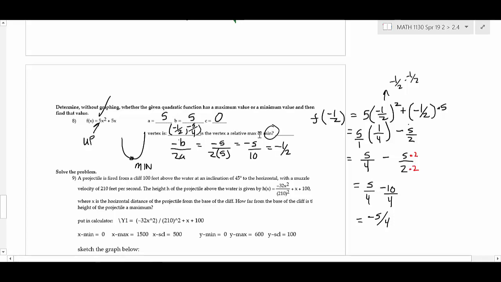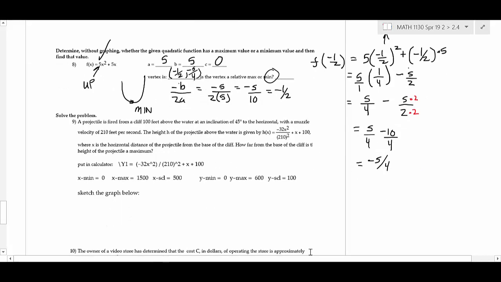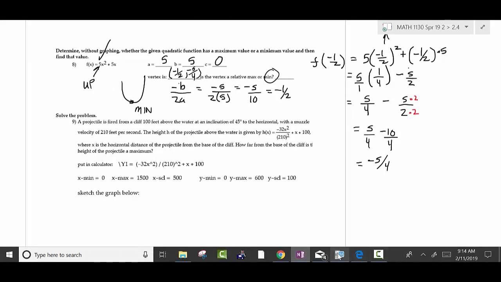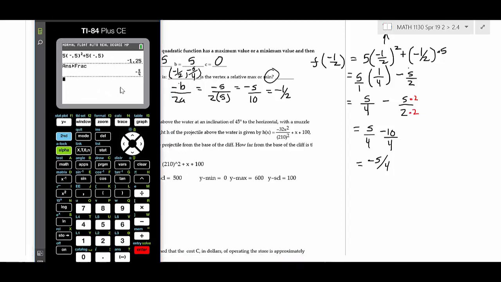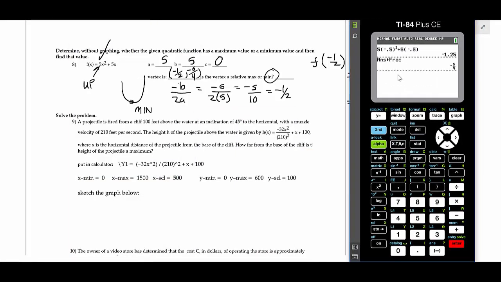The next couple of problems, you want to get your calculator out and try to do this along with me. I'm just giving you some functions. You don't really need to worry about where the function comes from. A lot of you are probably going to take physics, maybe next semester. Physics 1.